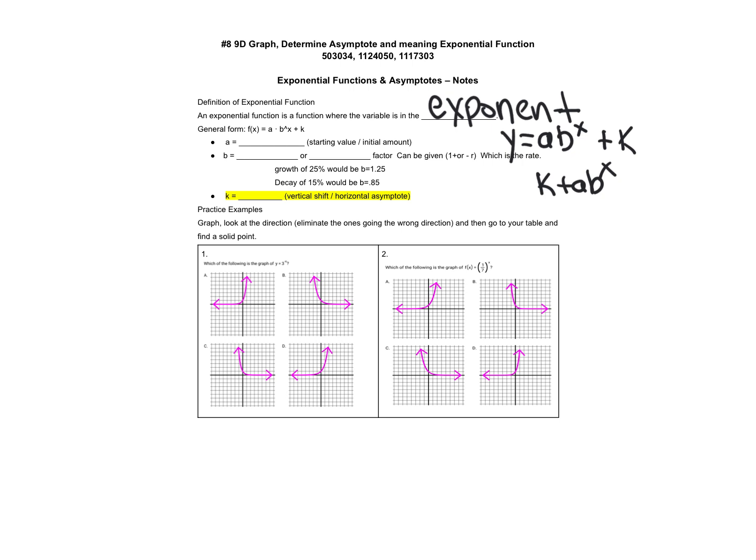It's your starting point. And the b can be either your growth or decay.